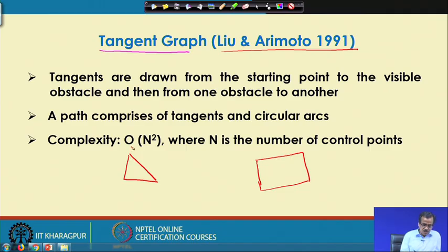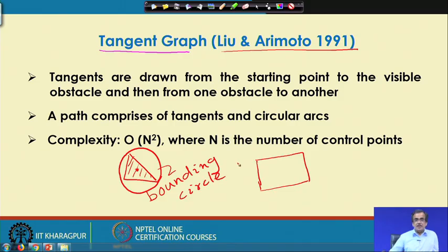Supposing that this is the triangular obstacle, we try to find out the center, and considering this as the center we try to draw one circle, and this circle will be the bounding circle for this static obstacle, that is the triangular obstacle. So, we try to find out the collision free path considering this circular boundary, and this is nothing but the bounding circle for this static obstacle.